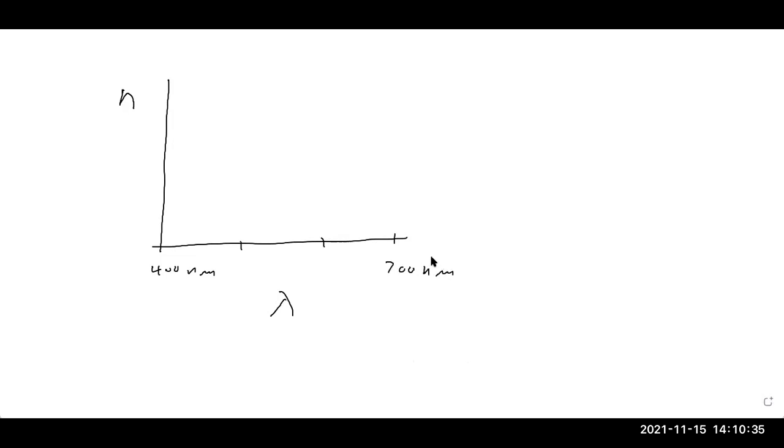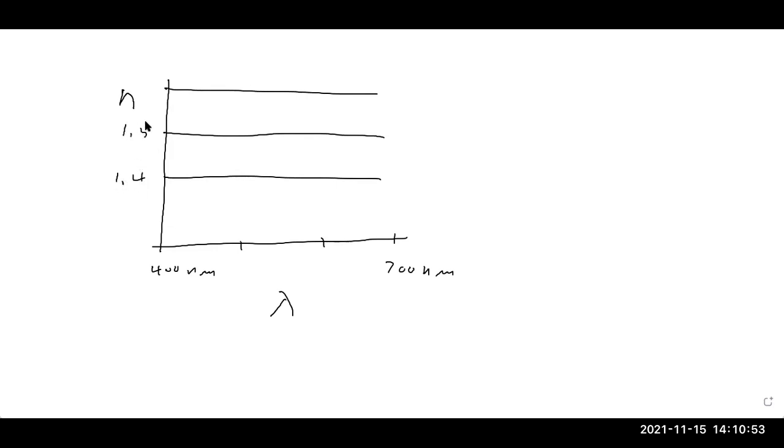So it usually works that if you have your wavelength and your index, over the visible range, most materials are going to have higher indexes for the shorter wavelengths than they do for the longer ones.